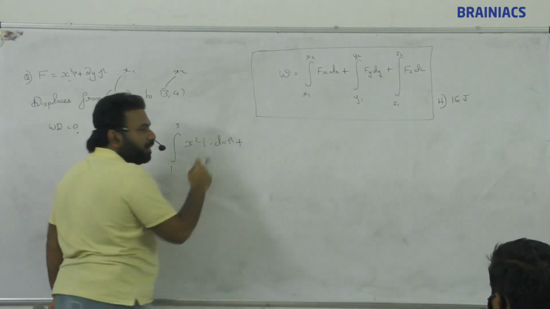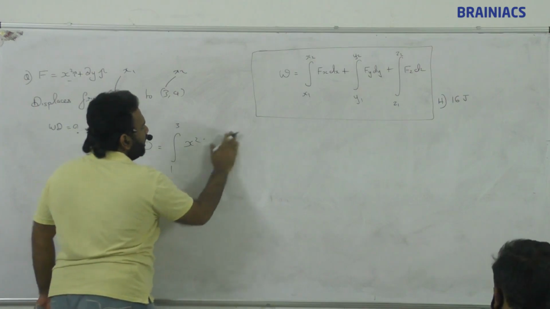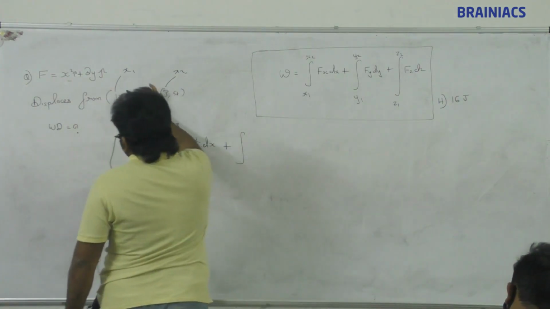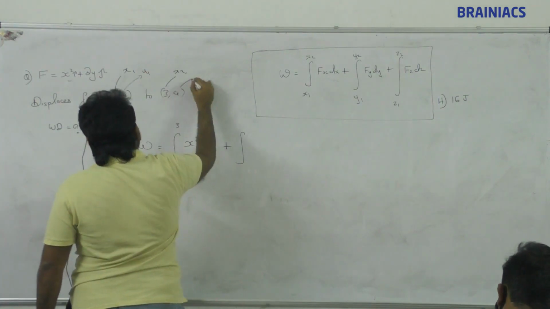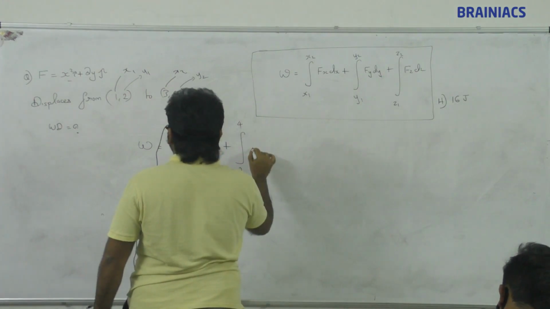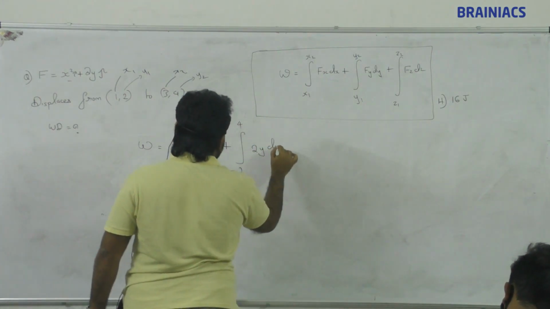Anyway, this will become 1, so we don't consider them. Simply we put x square dx. Then this is y1 and this is y2, so this is going to be 2 to 4. This is going to be 2y dy.